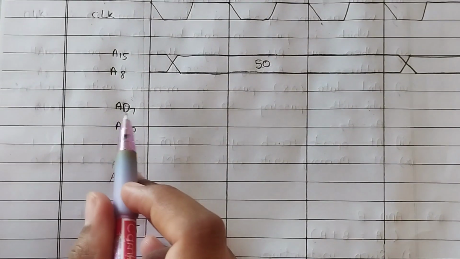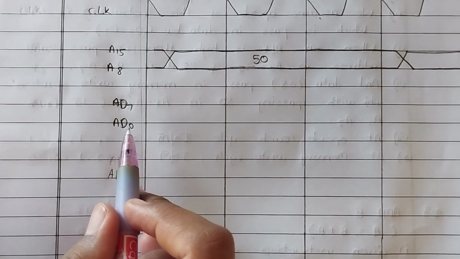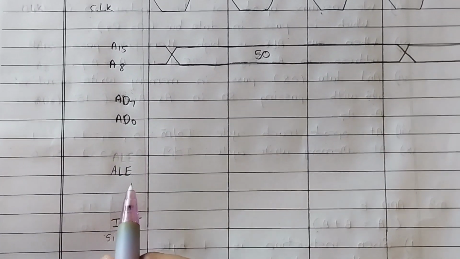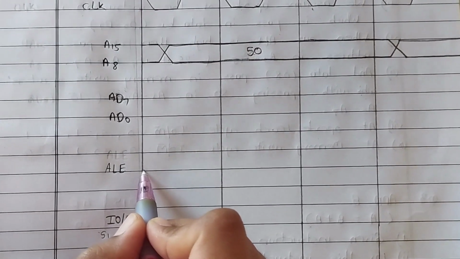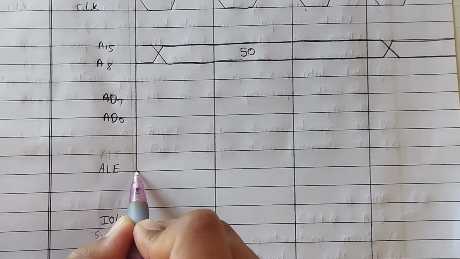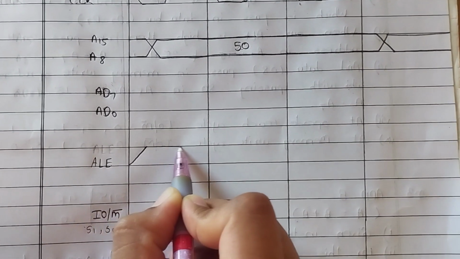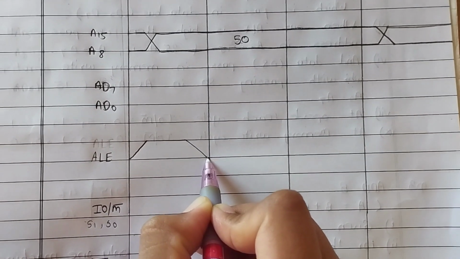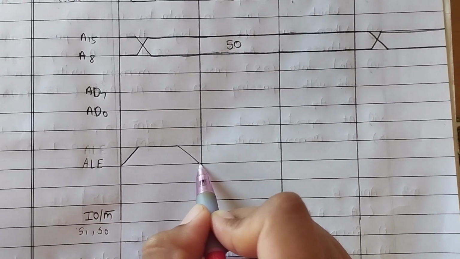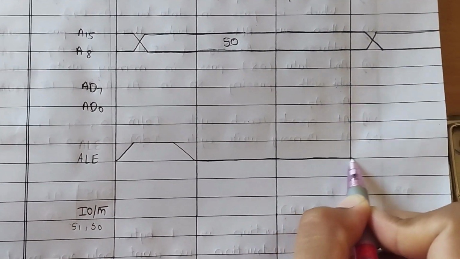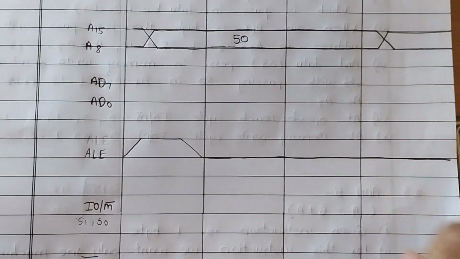Now we know AD7 to AD0 are in multiplexed form, so for that we use ALE. When our ALE is high, ALE is drawn high in the T1 state only, and then our ALE goes low. In this way we draw the ALE signal.